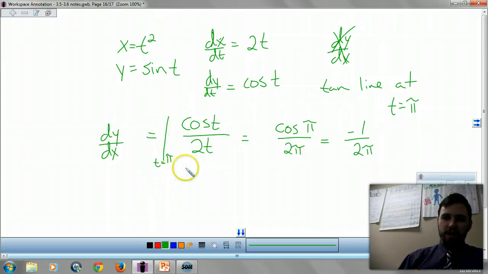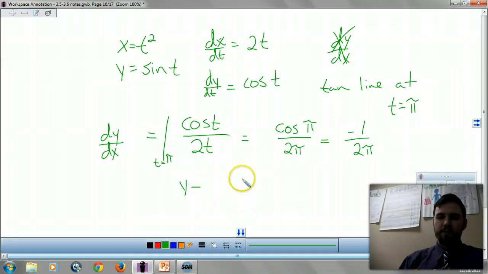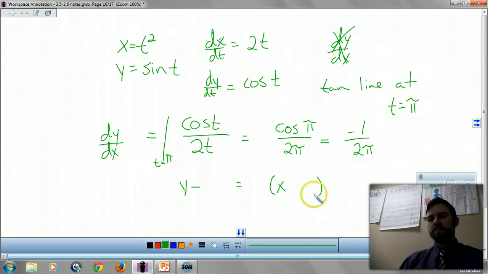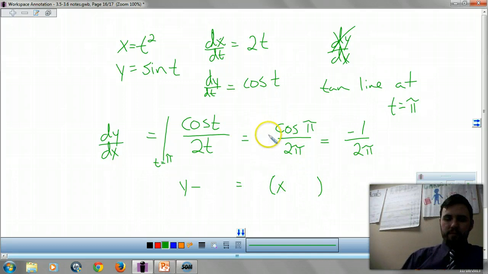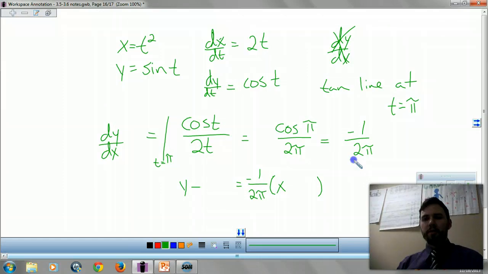Now you set up your equation. y minus your y equals your slope times x minus your x, right? Your slope is negative 1 over 2 pi from up here.